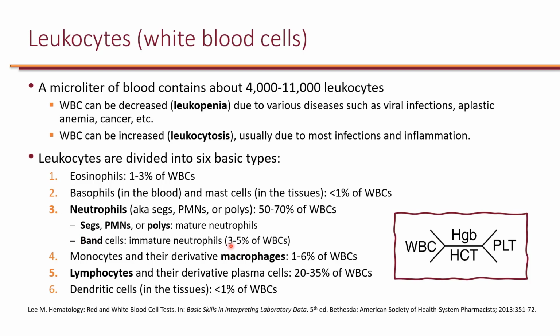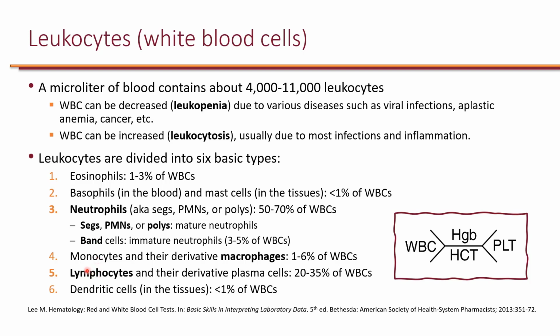Normally 3 to 5% of white blood cells are bands, and about half of white blood cells, 50 to 70%, are neutrophils. So you can think of this 3 to 5% as typically 6 to 10% of neutrophils. So if you see more than 10% of neutrophils as bands, that's typically clinically significant.